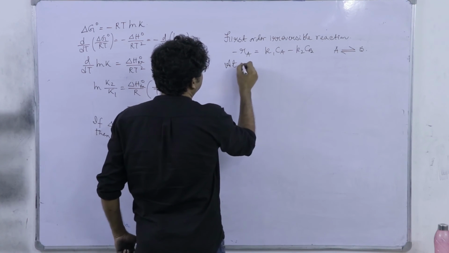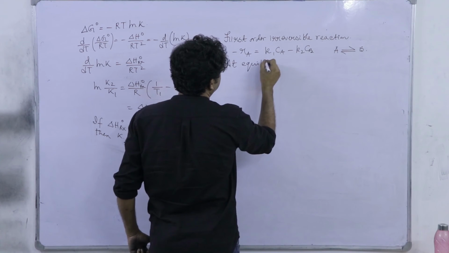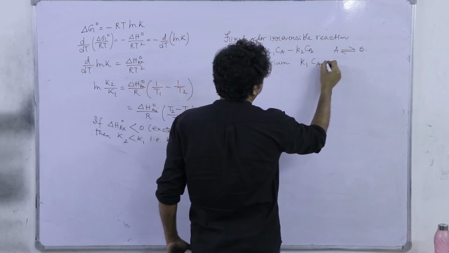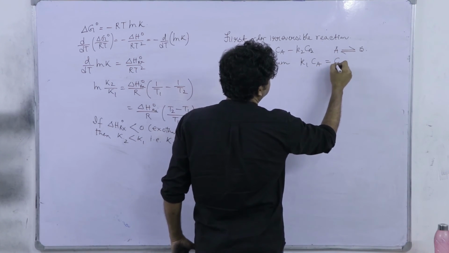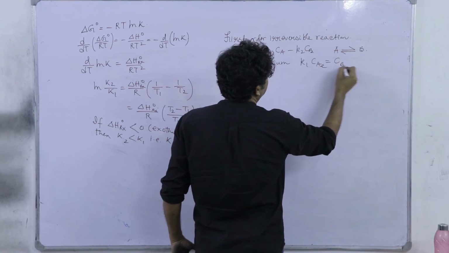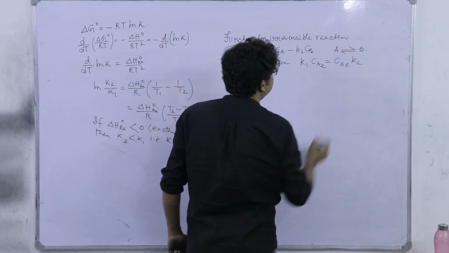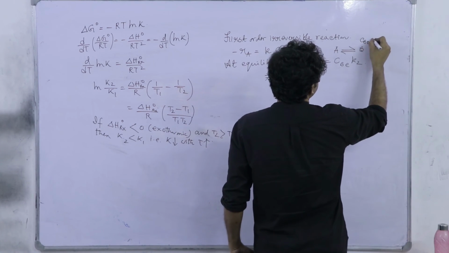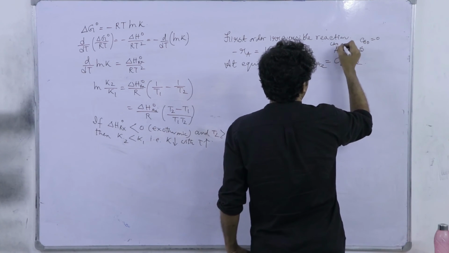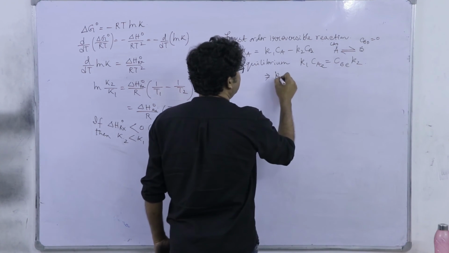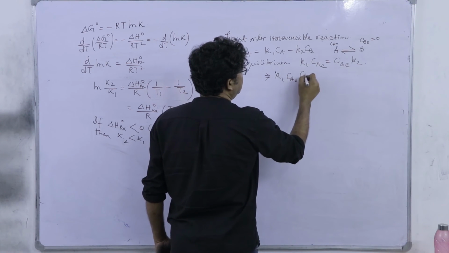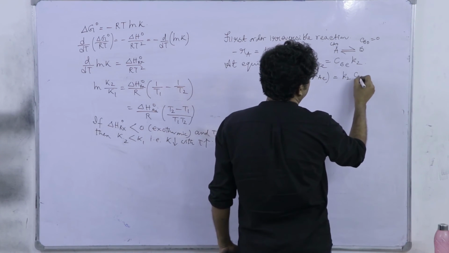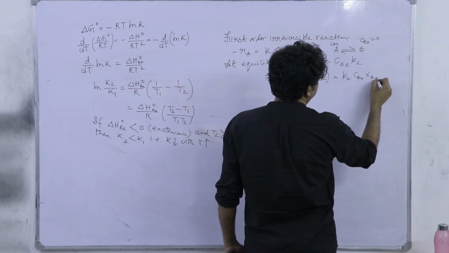Now at equilibrium, K1 CAE is equal to K2 CBE. Now you see initially this Cb naught is equal to 0 and here we have Ca naught. So K1 into Ca naught into (1 minus XAE) is equal to K2 into Ca naught into XAE.